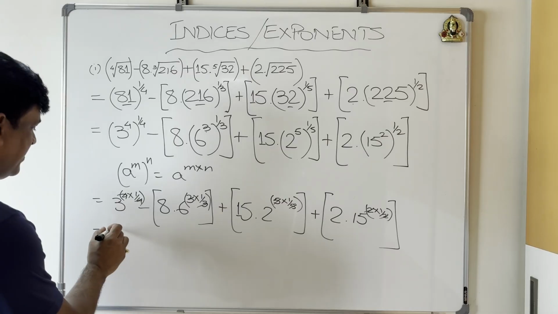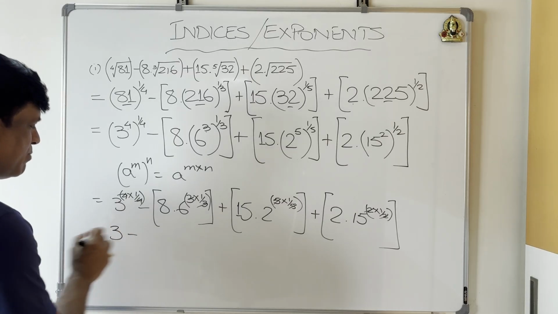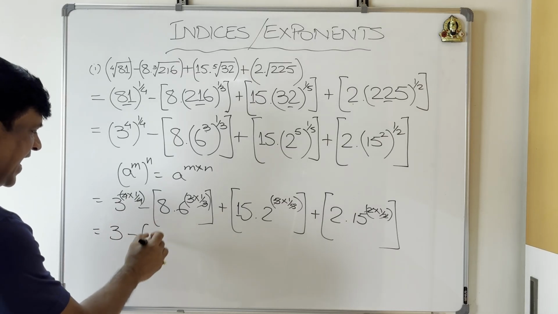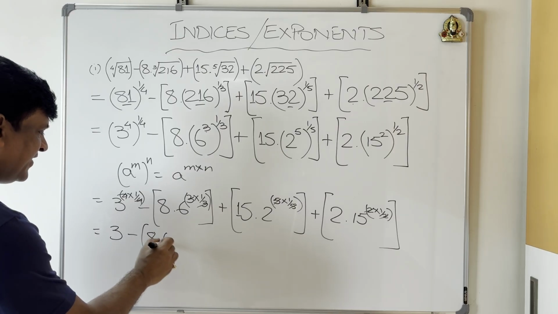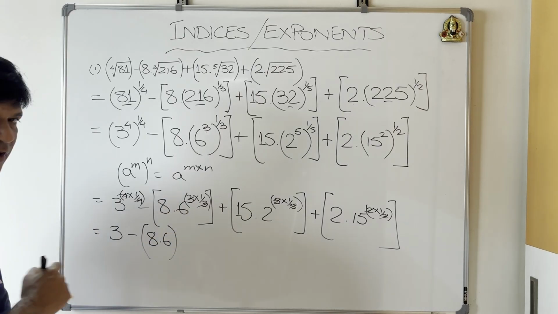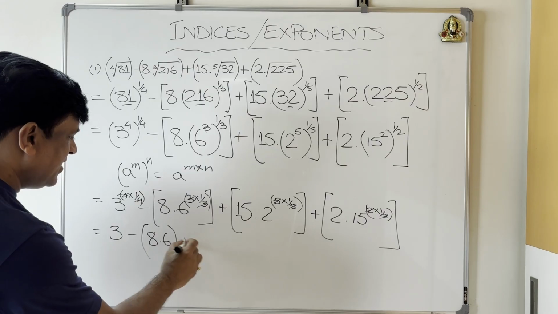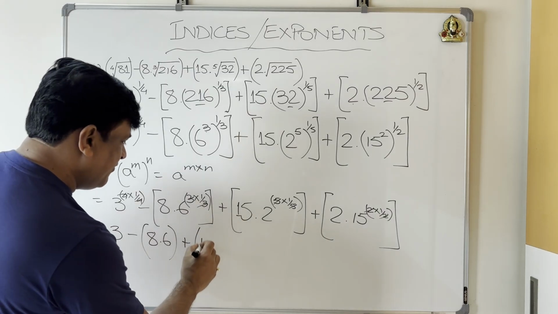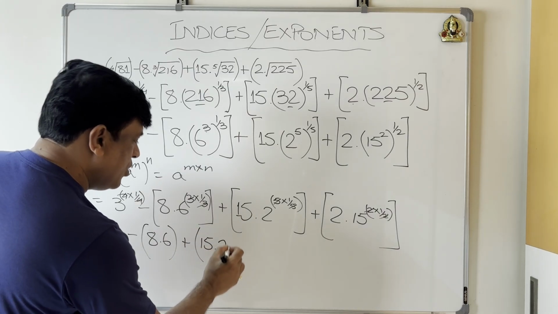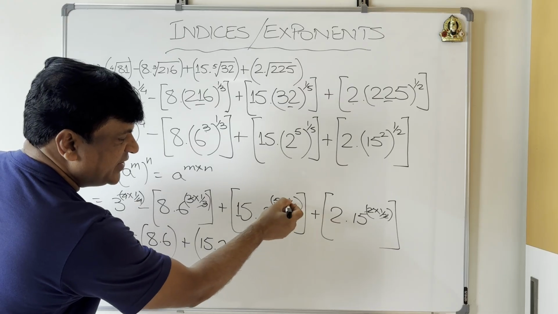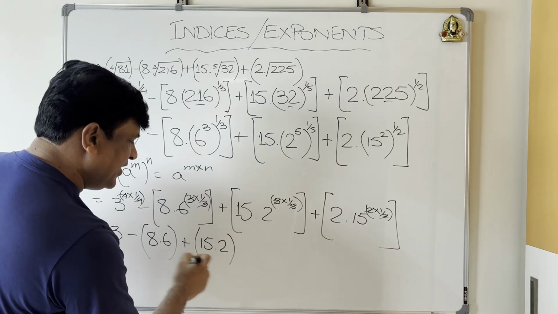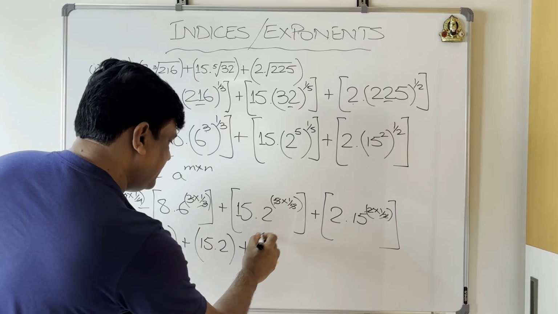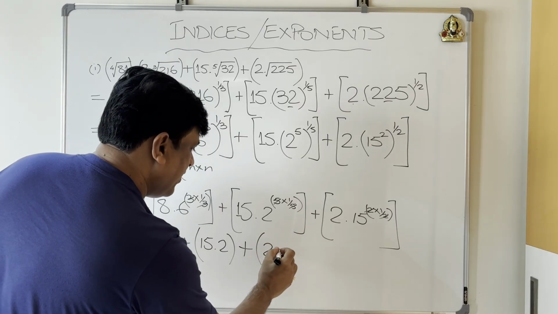Leave it there. Minus, you have 8 times 6, because 6 to the power 1 is 6. Leave it like that. Again, what do you have here? 15 times 2, 2 to the power 1, because the 5 gets cancelled, you are left with 2. So 15 times 2, plus the last one, 2 to the power 15.